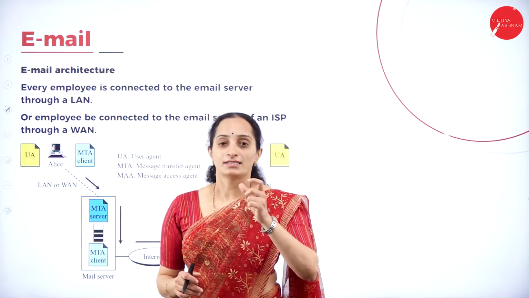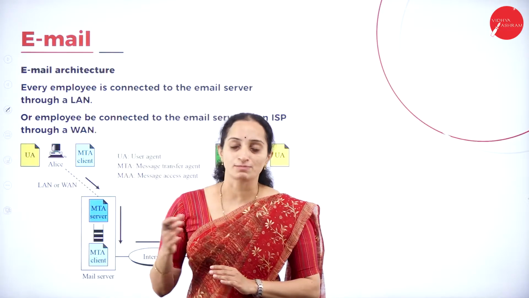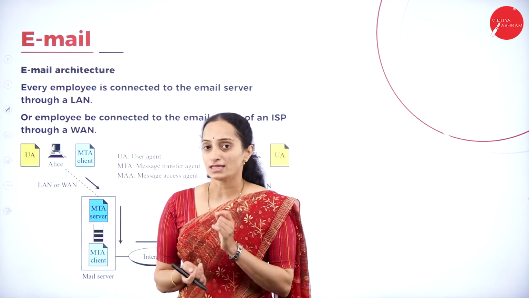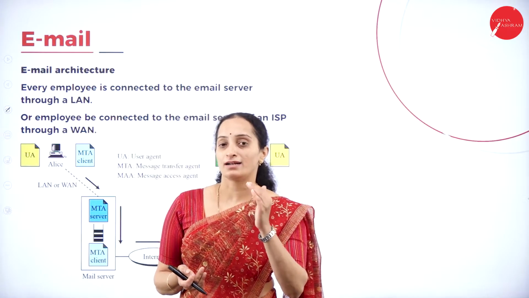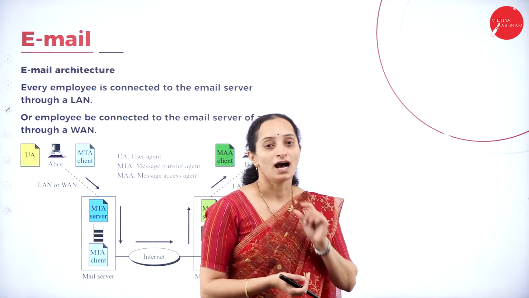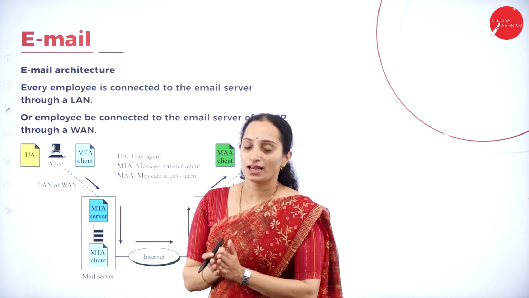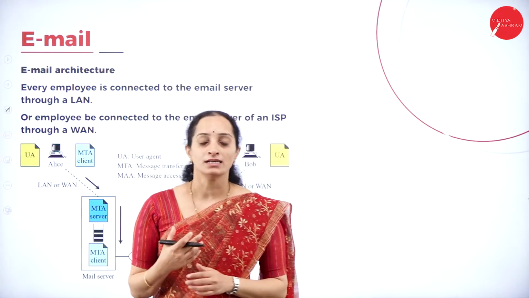Whenever the turn comes, the message will be transmitted to the intended receiver, or else it will be in queue until its priority arrives. When priority comes, the mail will be transmitted to the receiver.